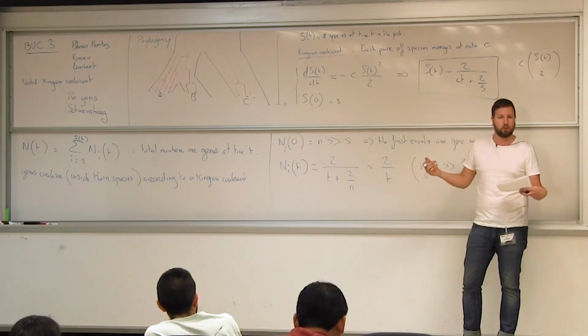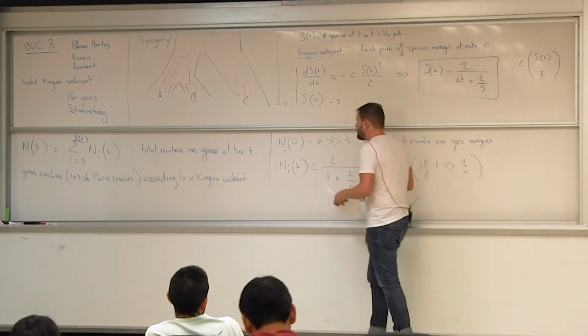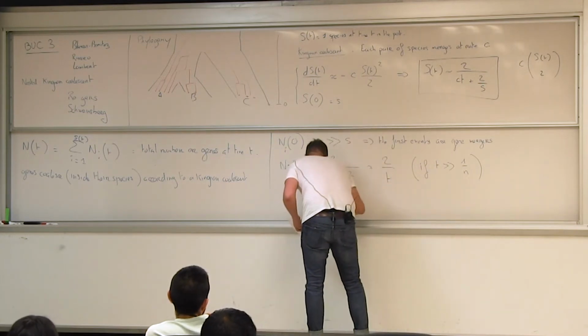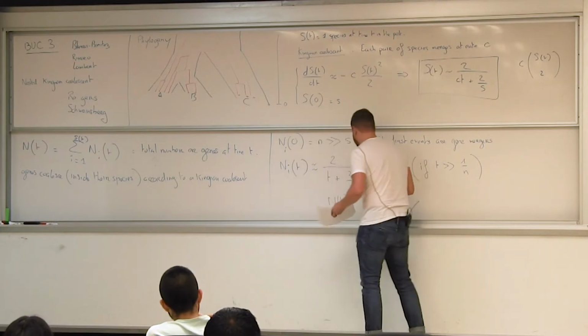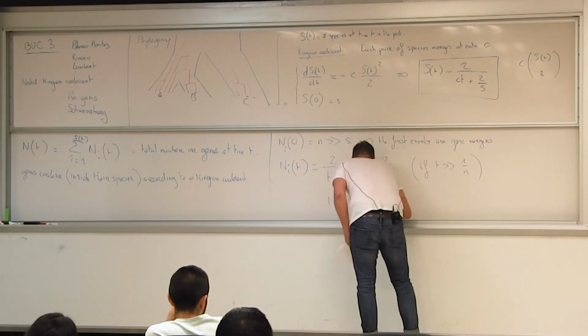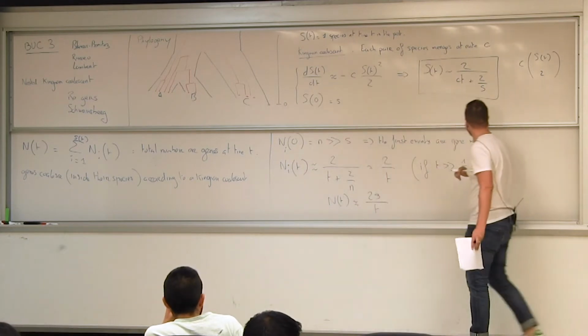They don't have time to coalesce yet. So at the end, N of t will be the sum of these, more or less 2S over t.